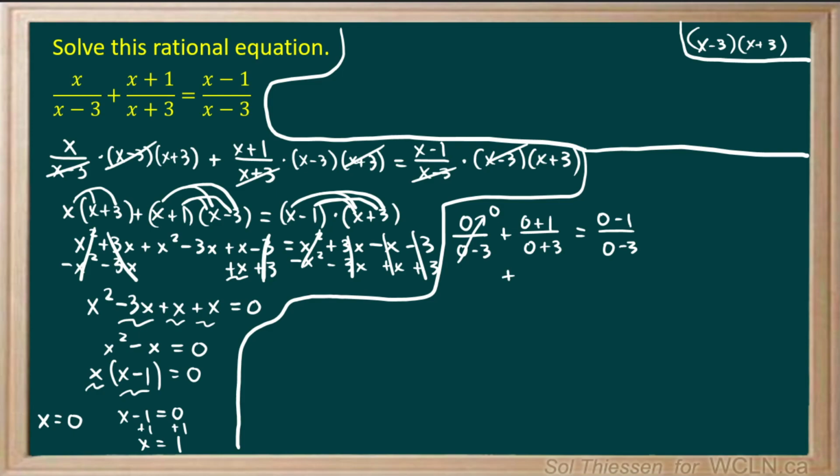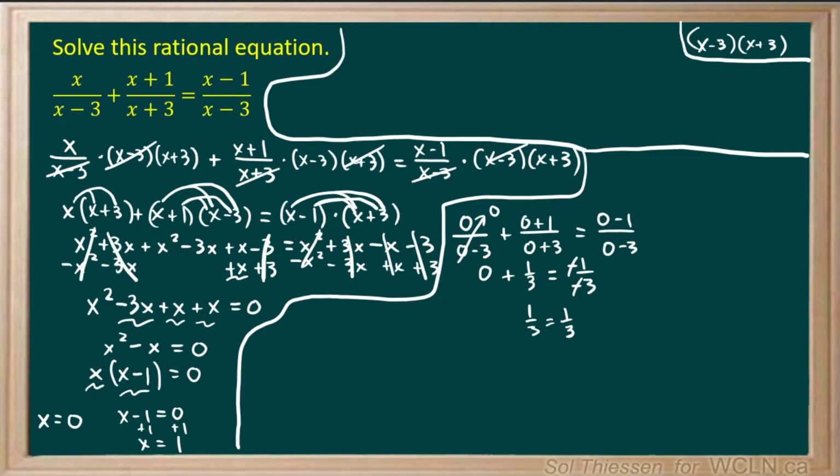This will become plus 1/3, so we'll have 0 plus 1/3 equals negative 1 over negative 3. So those negatives will cancel in division, and we'll have 1/3 equals 1/3, which is of course true.